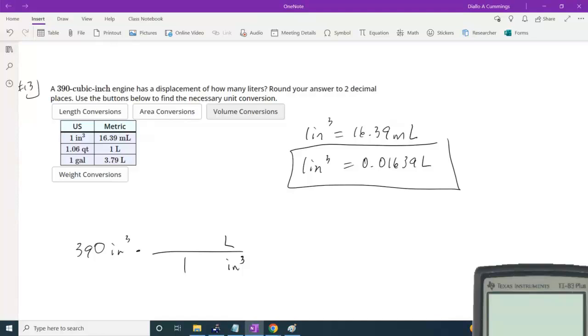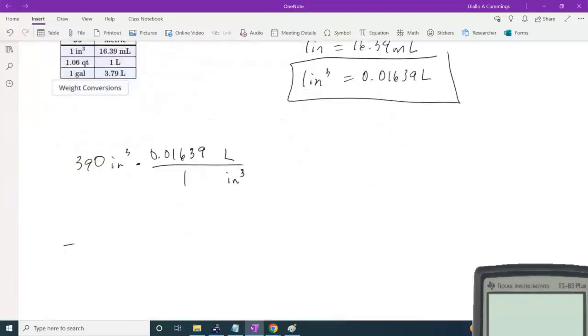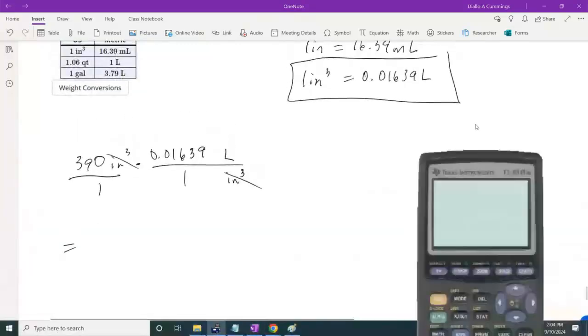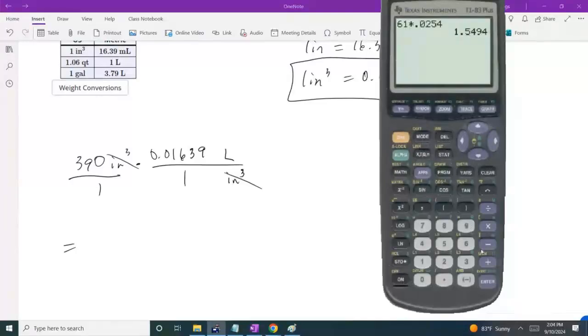I'm going to put in the conversion: 1 cubic inch is 0.01639 liters. Once we multiply, the cubic inches will cancel, and we're left with the unit of liters. Now we multiply 390 times 0.01639. It wants us to round to 2 decimal places, so we have 6.39 liters.